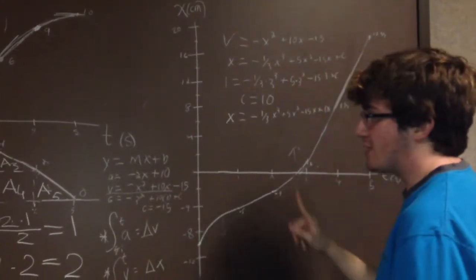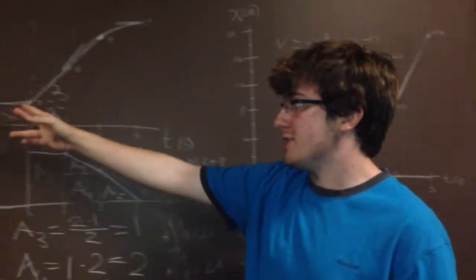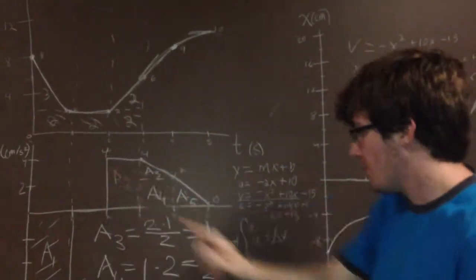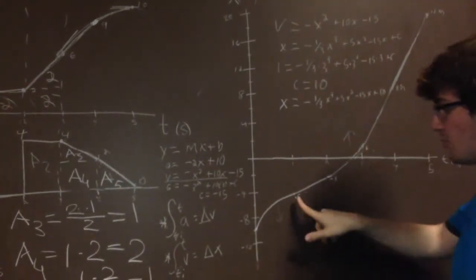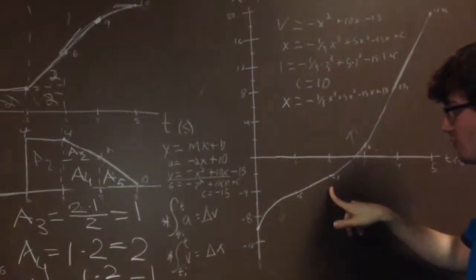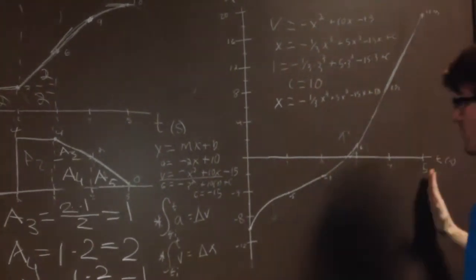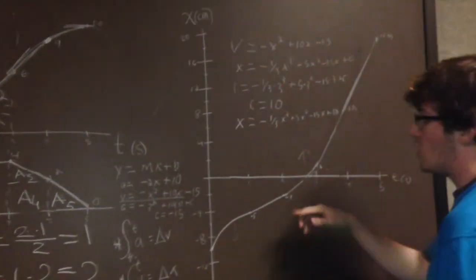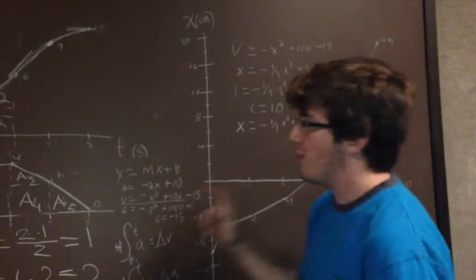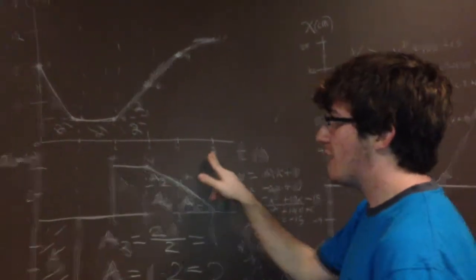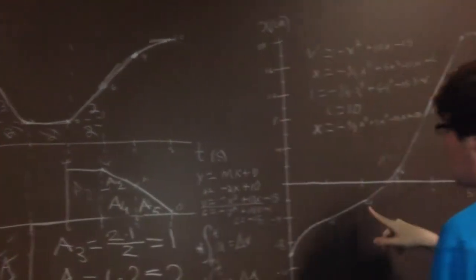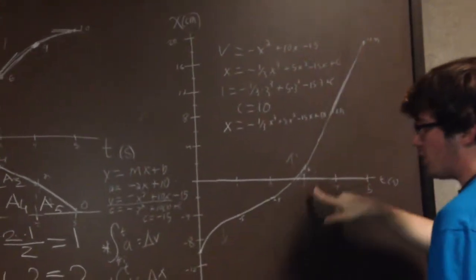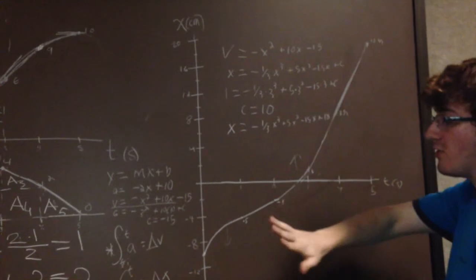And from 1 to 2 seconds, we have constant velocity. So it's a straight line here, increasing constantly. And from 2 to 5 seconds, we have it curved up, because from 2 to 5 seconds on our velocity graph, it's increasing. So our position will increase more and more because our velocity is increasing more and more.